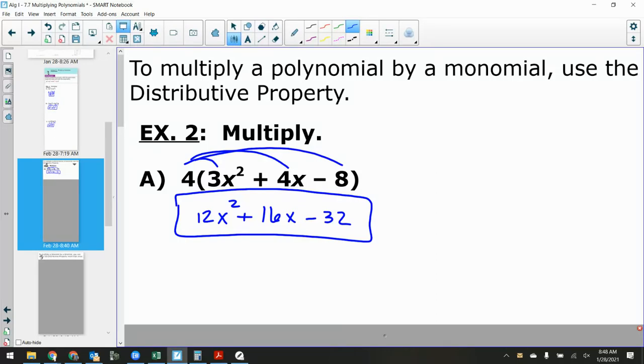Just quite simply distribute. Now, I'll tell you this. From here on out, for all ever and ever, multiplying is just the distributive property. When you have multiple terms, you're just going to be using the distributive property over and over again. Let's try it again.